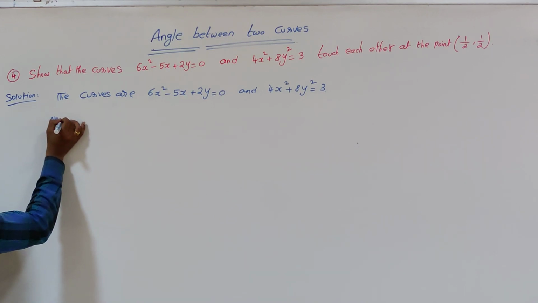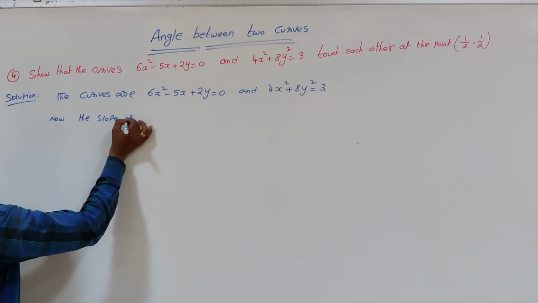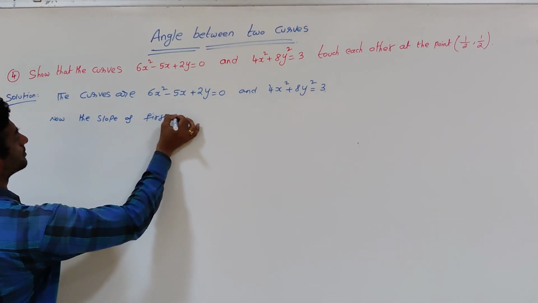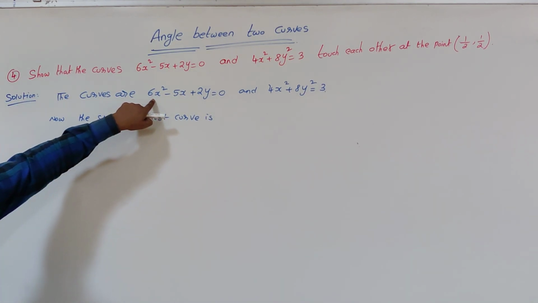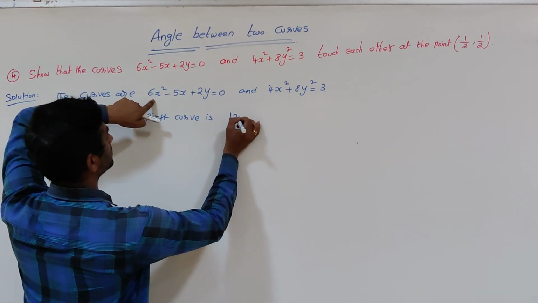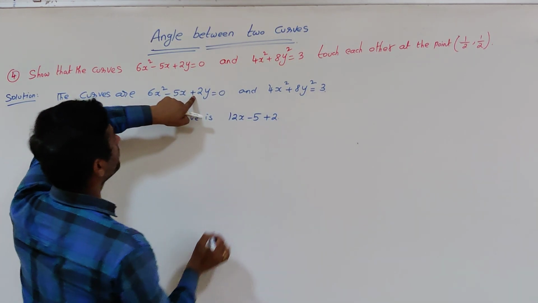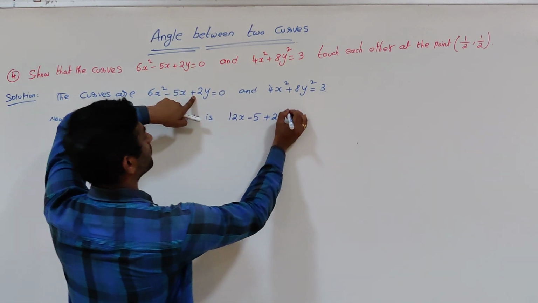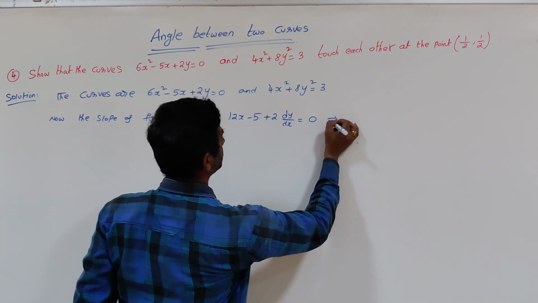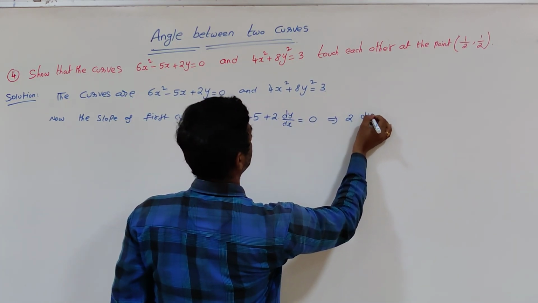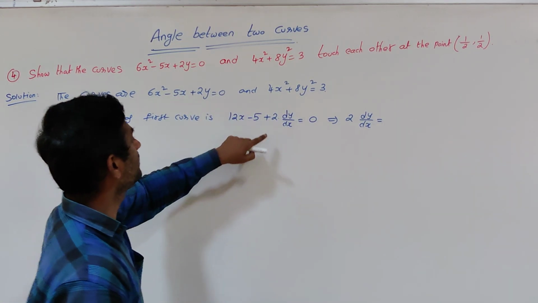Now, the slope of the first curve is, so what is the derivative of 6x square is 12x minus derivative of 5x is 5 plus 2 into derivative of y is dy by dx is equal to derivative of 0 is 0. So from this 2 dy by dx can be written as 5 minus 12x.